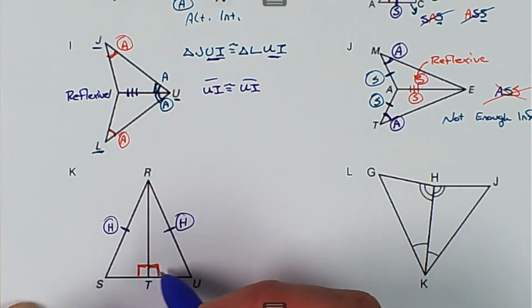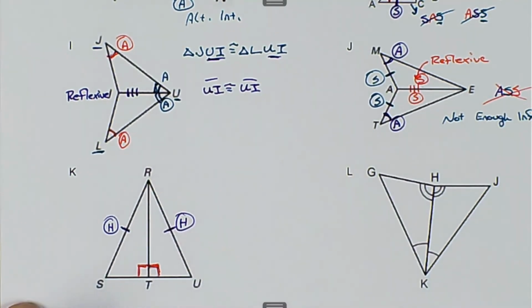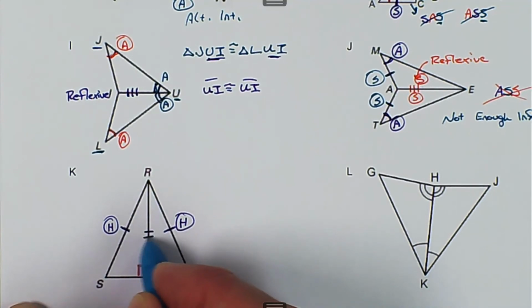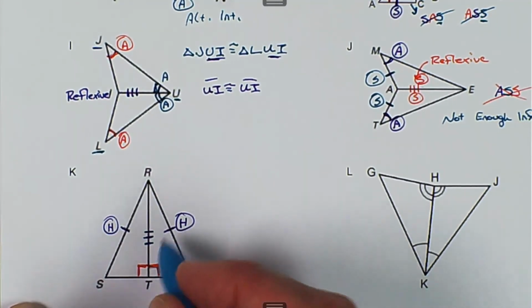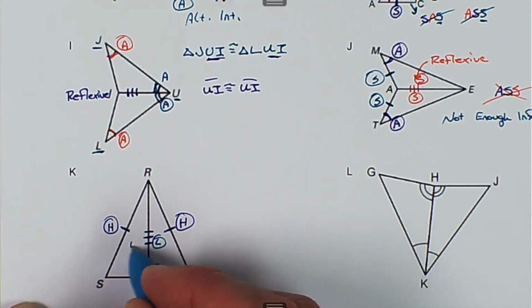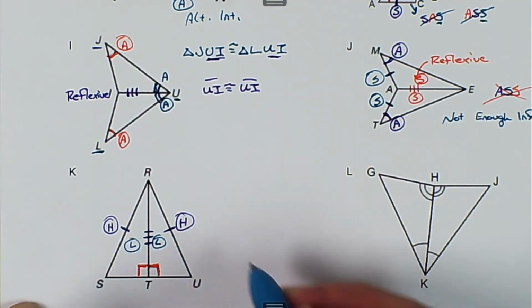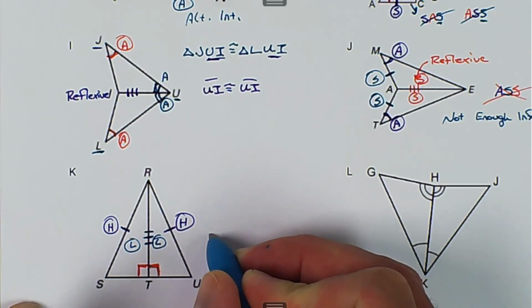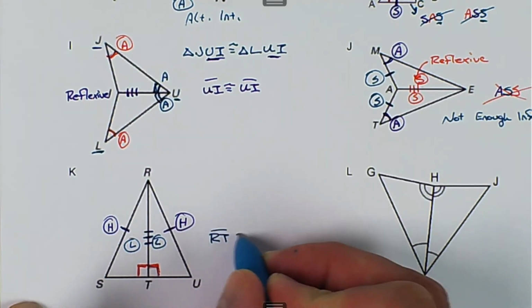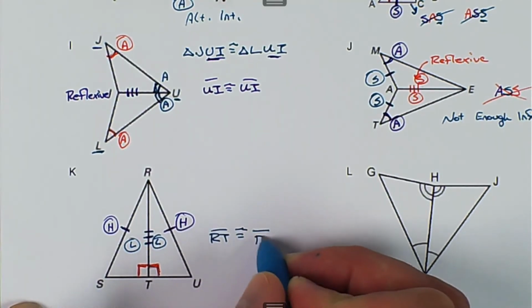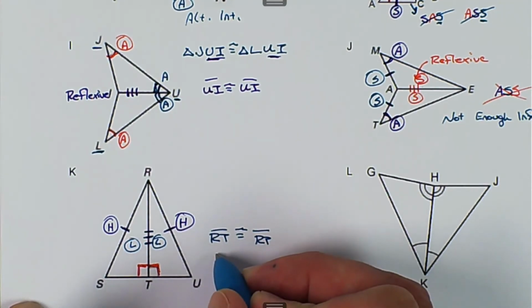So there's a right angle opposite, there's a right angle opposite. And then we are actually given the leg as well. That's our leg. And the reason that we can do that is by the reflexive property. So we can say RT is congruent to RT by the reflexive property.